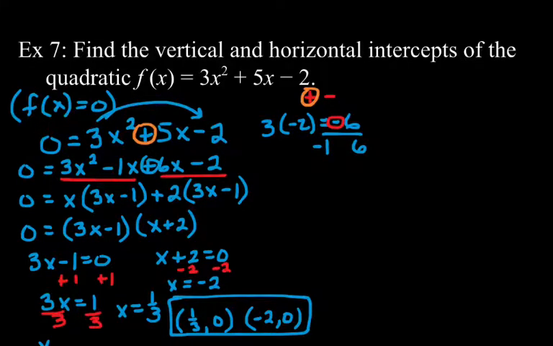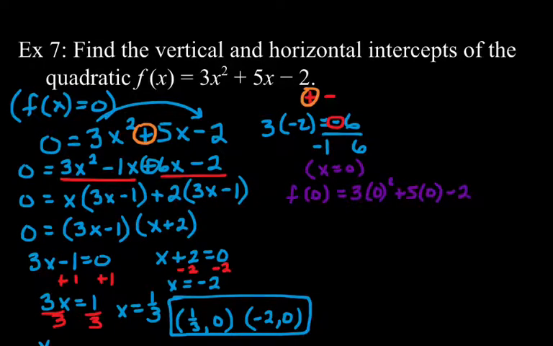Then we can go over here and find the y-intercept. I'll switch colors here. I guess I'll use purple. For the y-intercept, remember, we just replace the x with a 0. That makes this much easier. So it's going to be f of 0, and that is 3 times 0 squared, plus 5 times 0, minus 2.